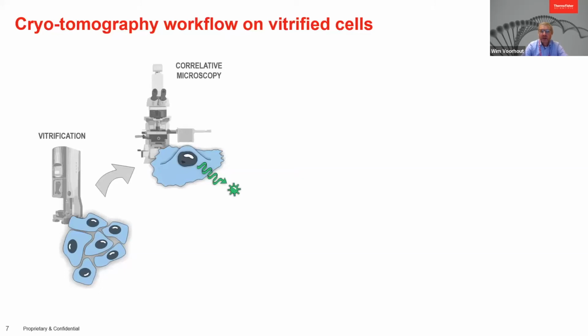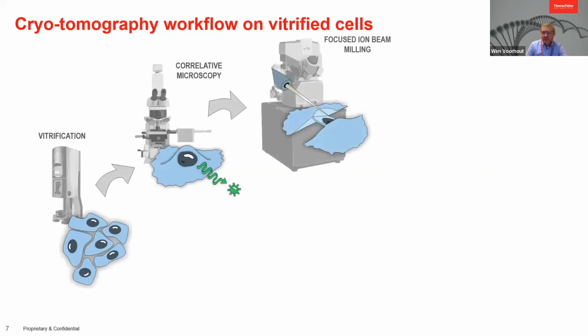And this can be done by correlative microscopy. So for instance, if your protein is fluorescently labeled, or if you add a fluorescent label to your cells to identify, for instance, mitochondria or the nucleus, then after the freezing, you can take a fluorescent image under cryo conditions to pinpoint the area where you want to mill later on.